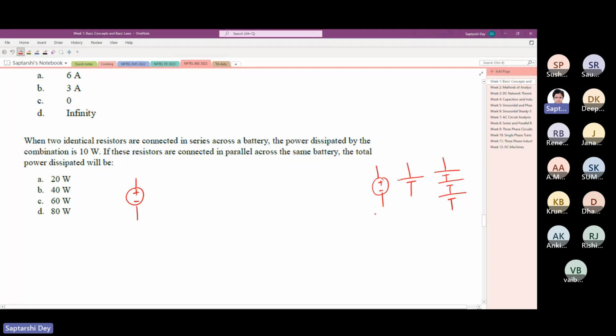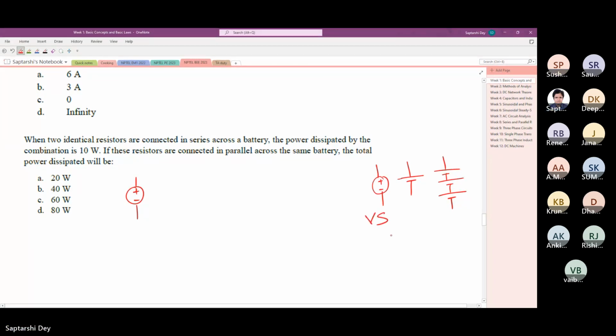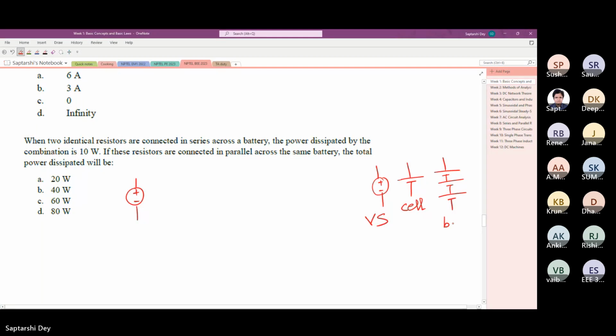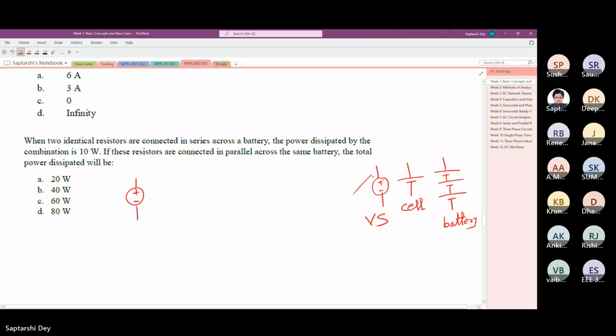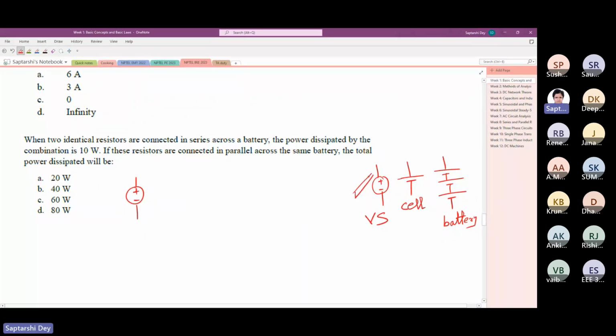The first one is a simple voltage source. The second one is a cell, say the battery that you buy. Several cells, when put in series parallel combination, make a battery. So this is the most general symbol. You can replace a cell also with this voltage source symbol.